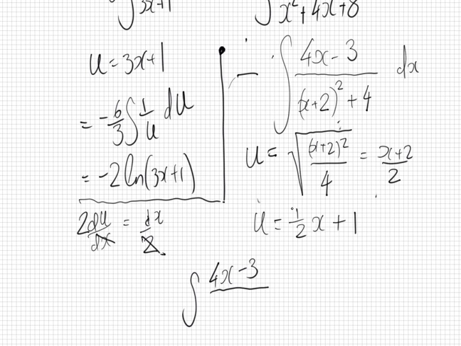Is that right? Yeah, what you need to do is get the x here. So what does x equal here? I have to get the x. u minus 1 times 2 equals x from this line here. You see what I did? I brought the 1 over here and then multiplied by 2.